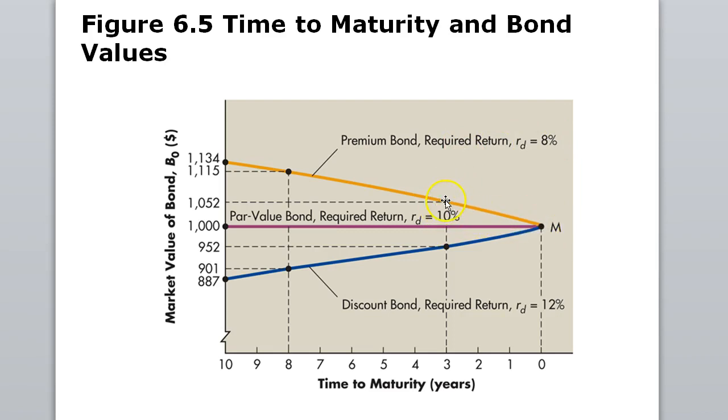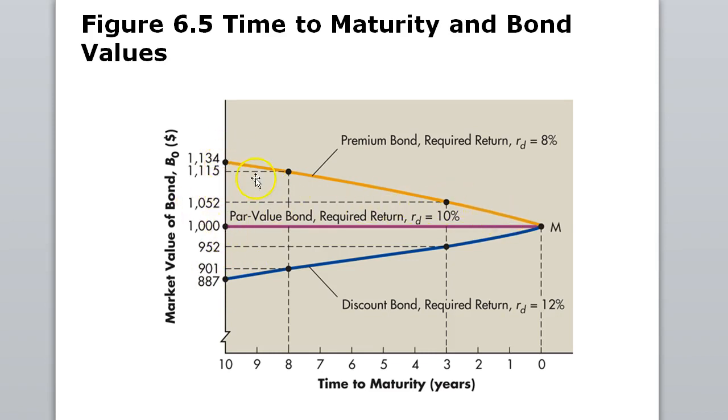But 3 years out, the bond valuation difference between the 8% bond and the 12% bond is $100. If we move to 10 years, we see a much wider difference between the $1,000 par, the discount bond selling well below par, and a premium bond selling well above the par value.